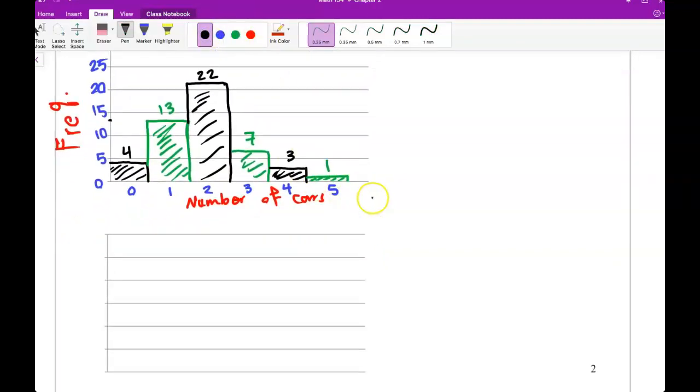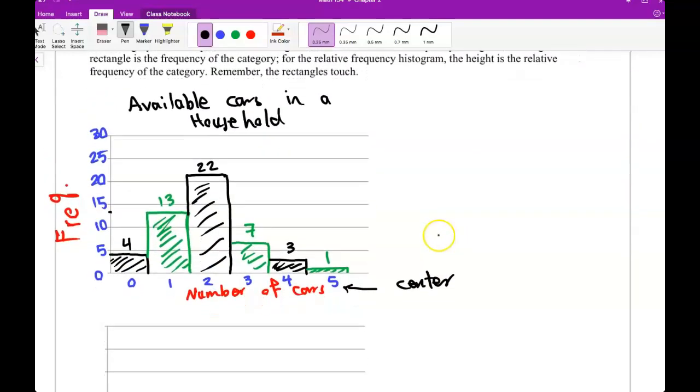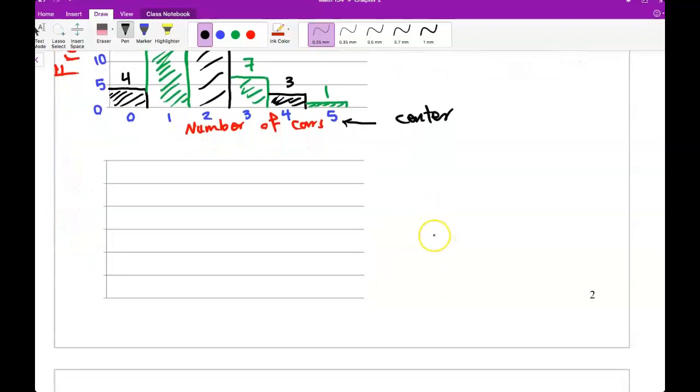So I want to keep these numbers in the center of each rectangle. So this was for frequency. Now the other one is for relative frequency.